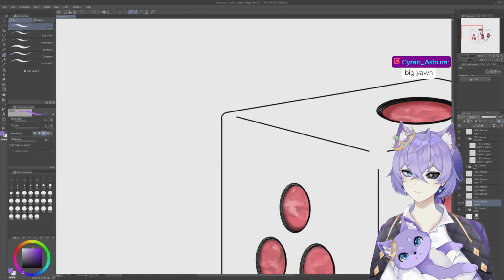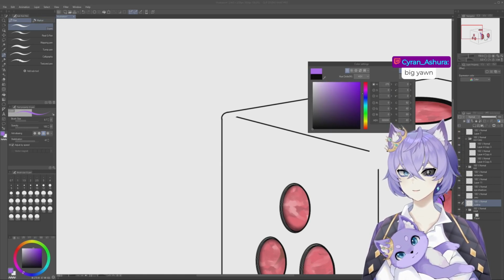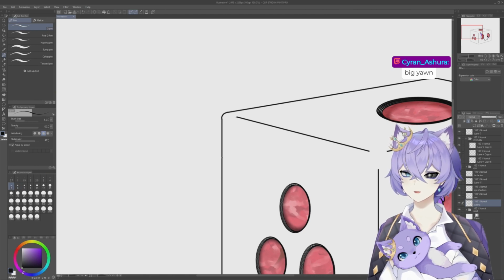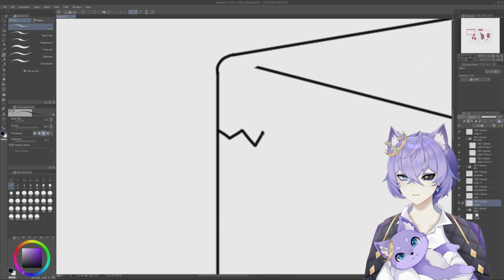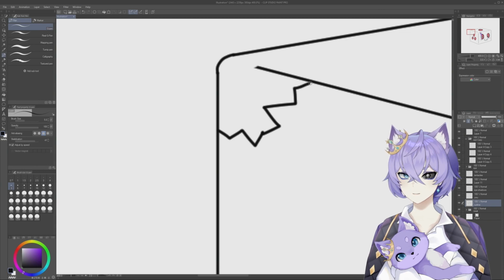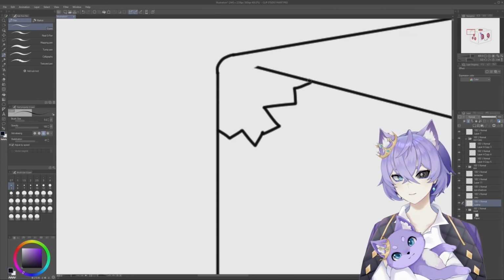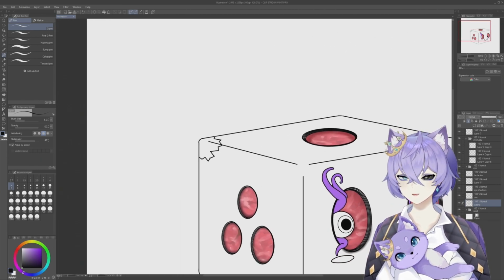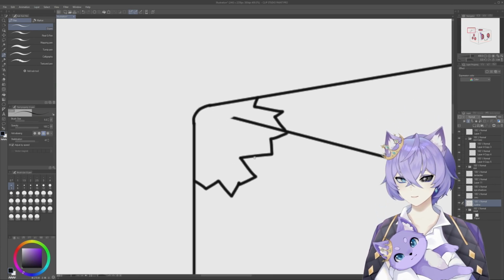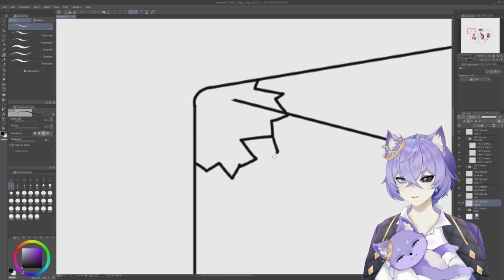What if this piece of dice here at the corner is just cracked off? Just like that. And then you have little spider webbing crack lines.